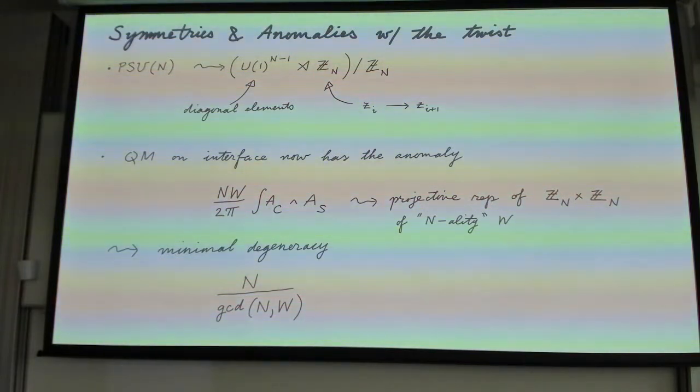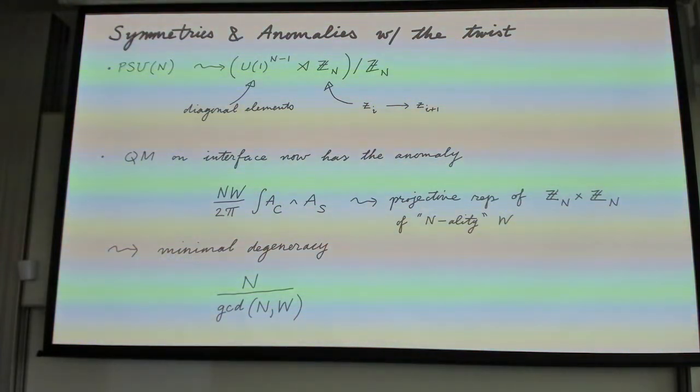It's permuting the entries in the components of Z. And that's actually what's essential for getting this anomaly. The anomaly is a little bit different, but you still got it.